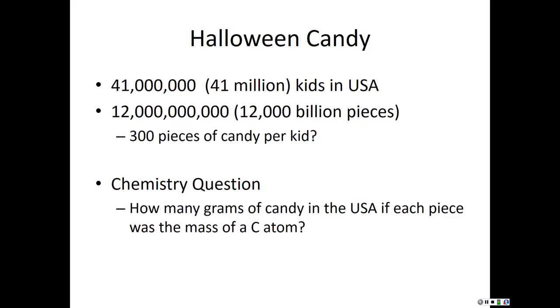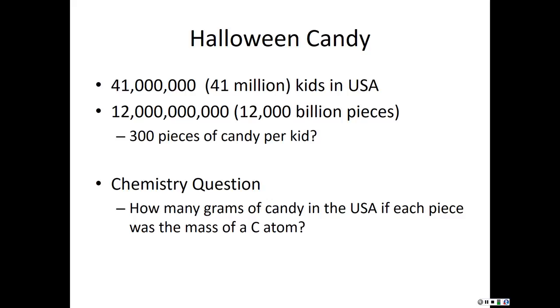So the first conversion is going to be Avogadro's number. The second conversion is going to be molar mass. So we start out then with 1.2 times 10 to the 10th. And we're going to use Avogadro's number as our conversion to get to moles. So 6.02 times 10 to the 23rd atoms goes on bottom. 1 mole goes on top.